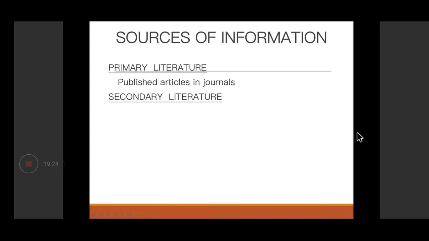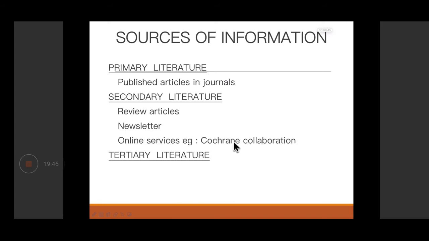First of all, most important is published articles in the journals. Then there could be secondary literature like review articles, newsletters, online services, tertiary literature, published books.